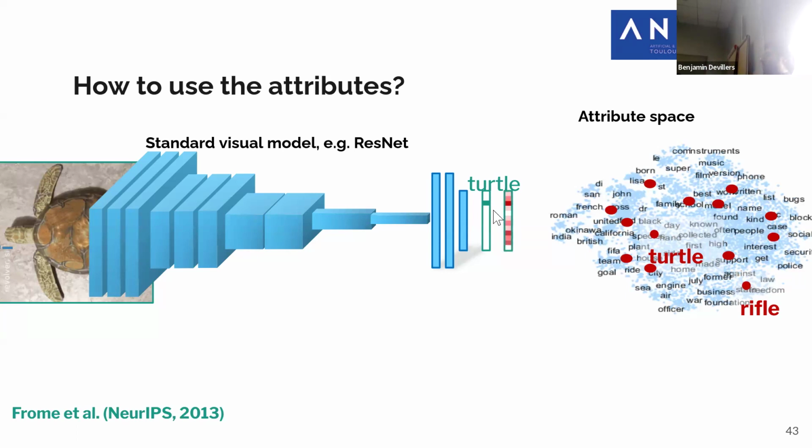And so this is a representation of your semantic vector. What you can do is, instead of predicting the class, you can try to predict the semantic vector. Because now if you predict your semantic vector, you're not tied to a specific set of classes.